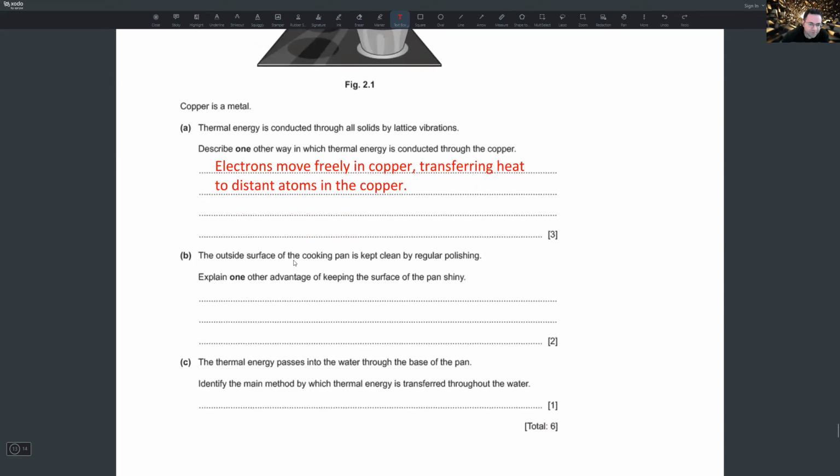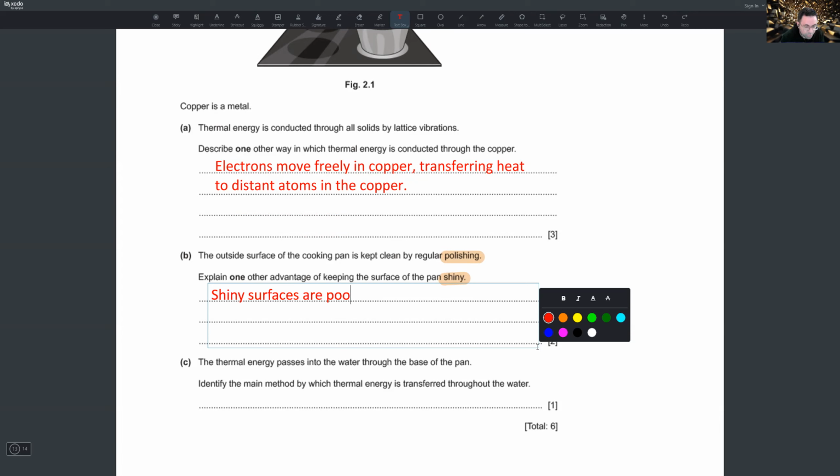The outside surface of the pan is kept clean by regular polishing. Look, the moment you see the word polish or shiny or dull or black or white, know that this question is about radiation, straight away. Explain one advantage of keeping the surface of the pan shiny. Shiny surfaces are poor or bad emitters of infrared radiation. But how is it an advantage besides being clean?